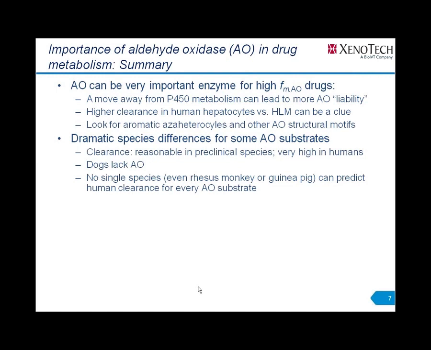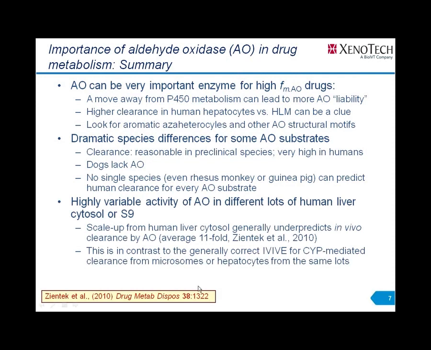One of the problems, as I mentioned, is that dogs completely lack aldehyde oxidase, and even for the species that do express aldehyde oxidase, they express multiple forms, and even rhesus monkey or guinea pig cannot predict human clearance for every AO substrate. Also, we have the problem of highly variable activity of aldehyde oxidase in different lots of human liver cytosol or S9.